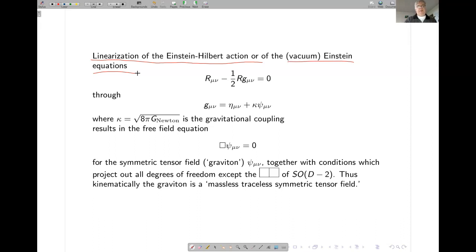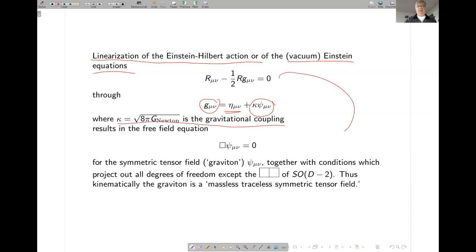Here the way to do it is to realize that the ground state is Minkowski spacetime, a Minkowski metric, so one decomposes the spacetime metric into a background vacuum solution, Minkowski spacetime, and then fluctuations around. Here I've also factored in a factor kappa of the gravitational coupling. And then one expands the Einstein equations.